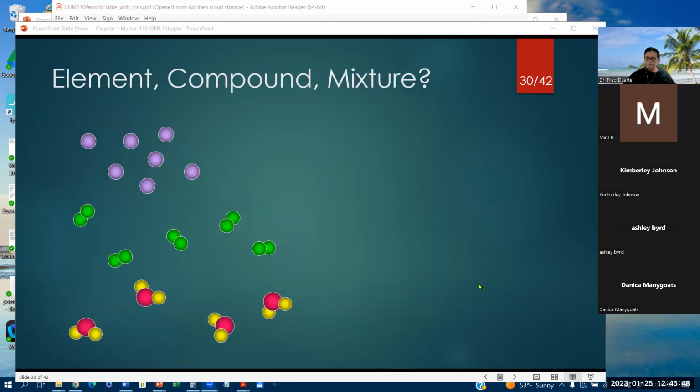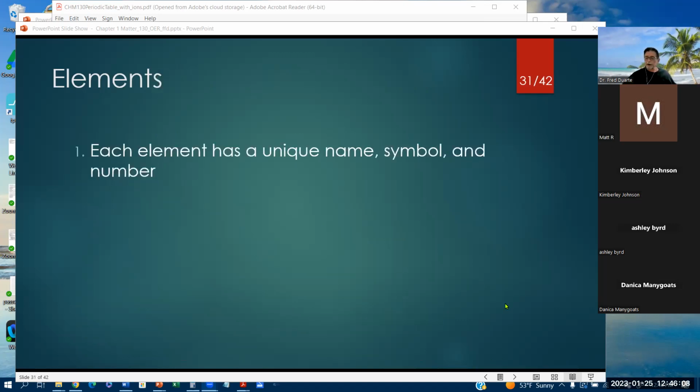All right, so here's some more pictures of models of an element, either being monatomic, meaning one atom, or diatomic, meaning two atoms bonded together, and a compound. Okay, which brings us to elements.